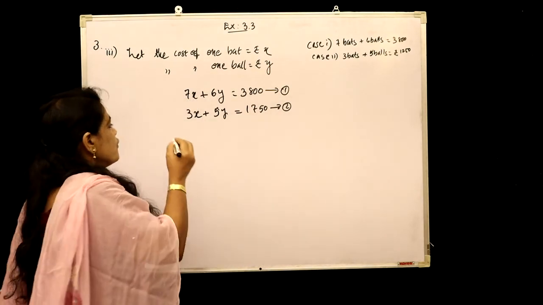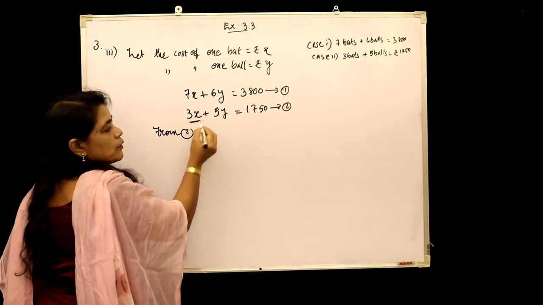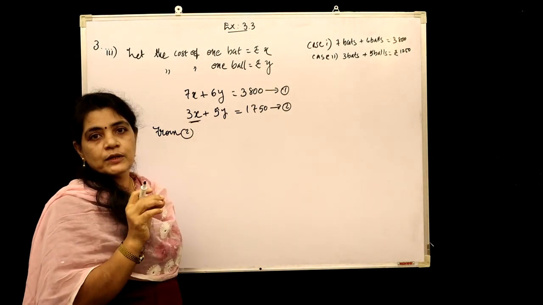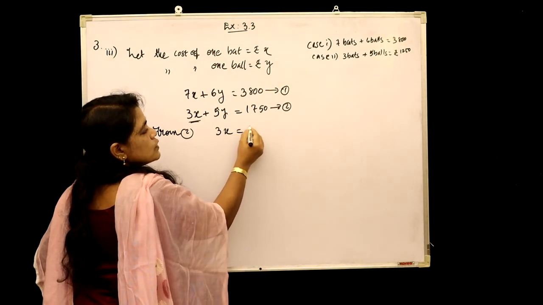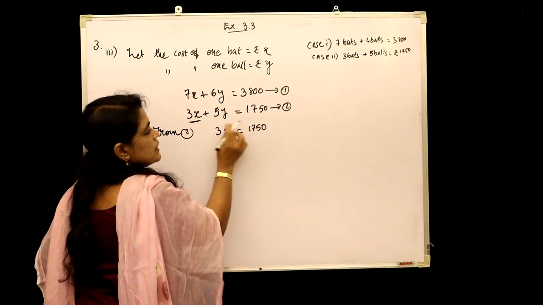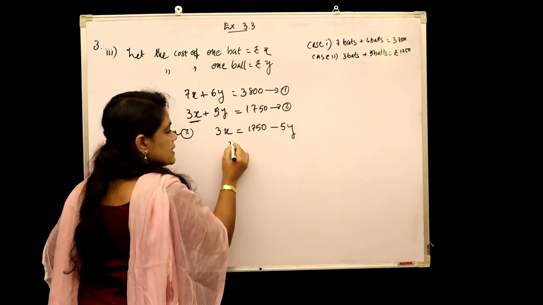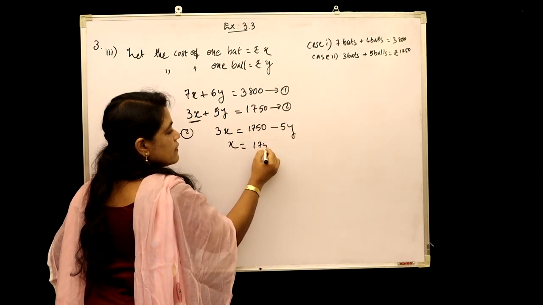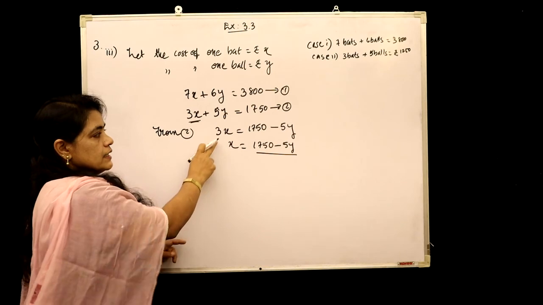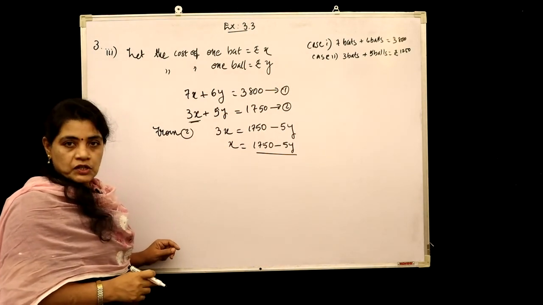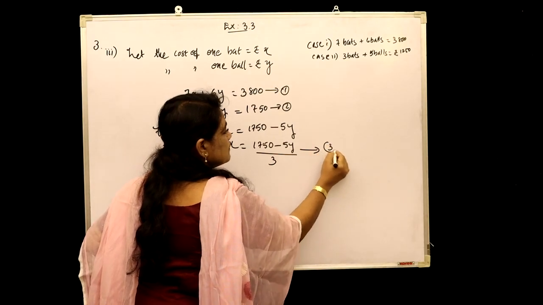So from 2, I am going to express the equation with respect to the term 3x. So 3x alone is 1,750 minus 5y. We need x alone, so x is 1,750 minus 5y divided by 3, as this 3 will go under division. So this can be equation number 3.